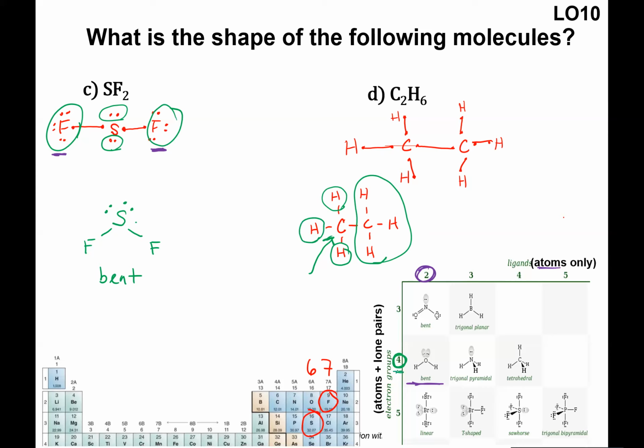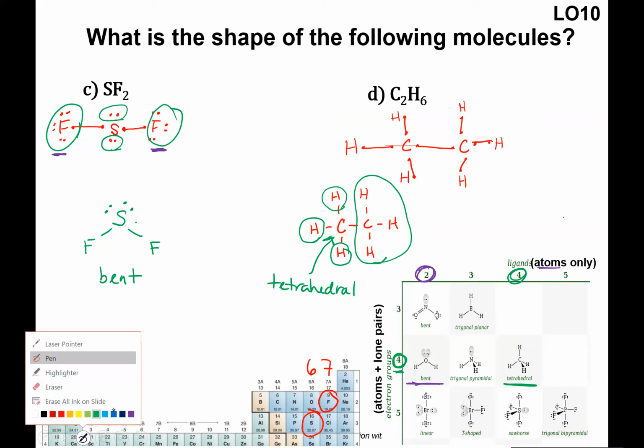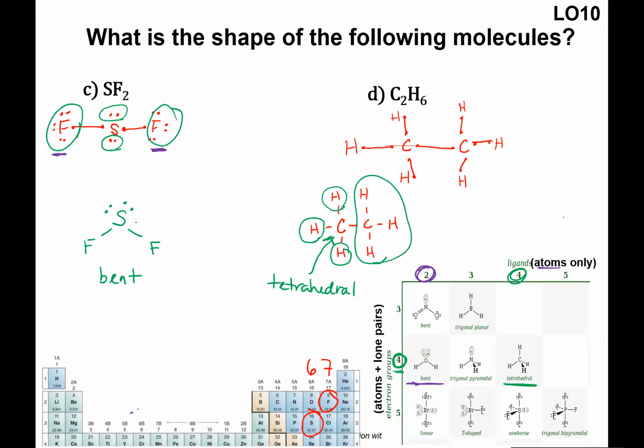Okay, so I'm still looking at this here. And then my ligands, or the number of atoms, is also going to be 4. So the shape around that carbon is tetrahedral. And then you can do the same thing for the carbon on the right-hand side. So this carbon here also has 4 groups around it. Okay, so this one is also going to be tetrahedral.